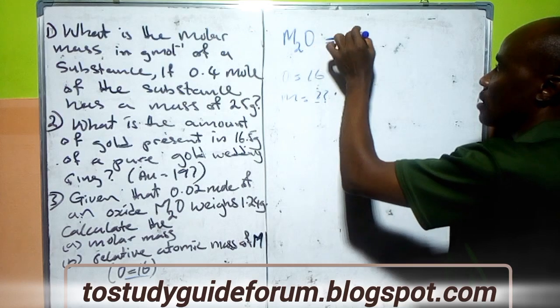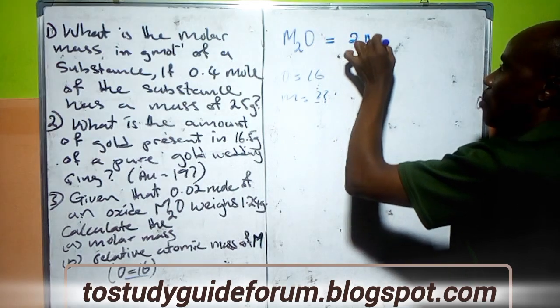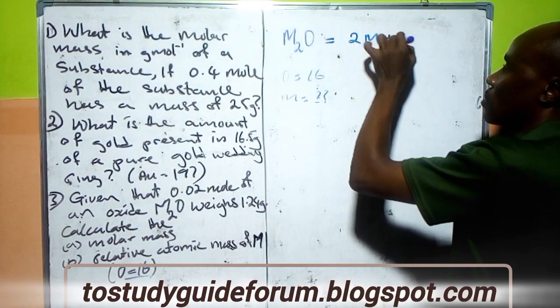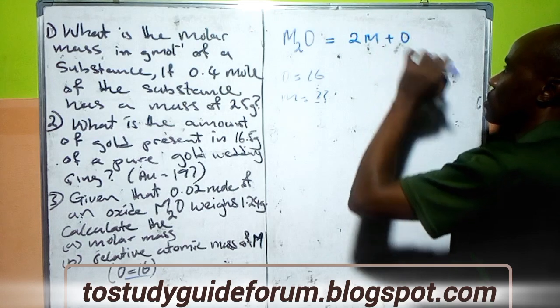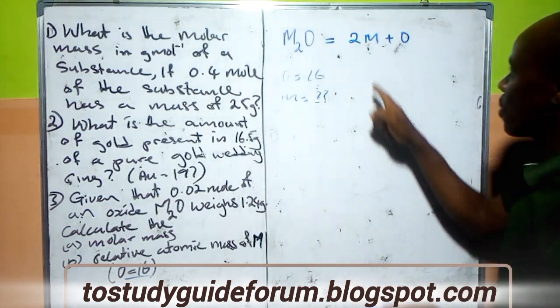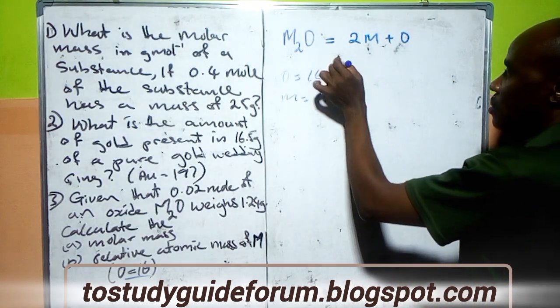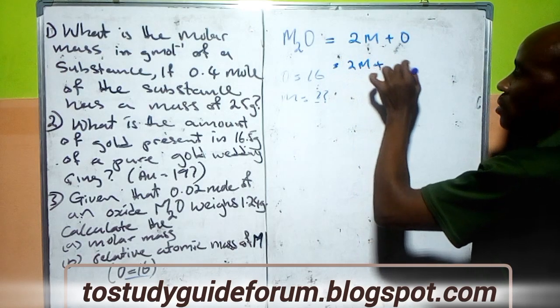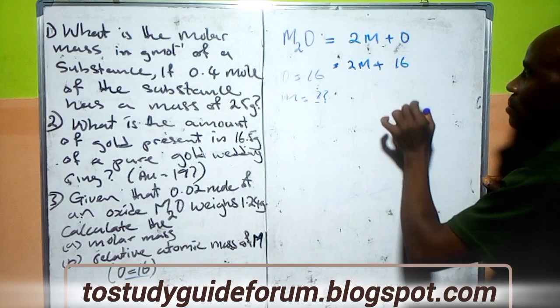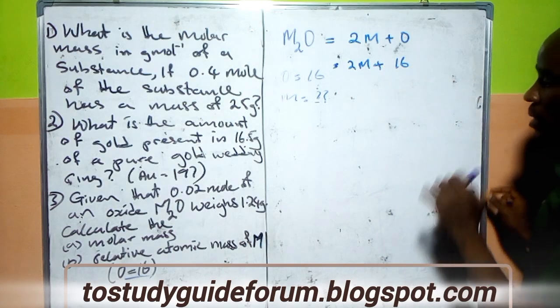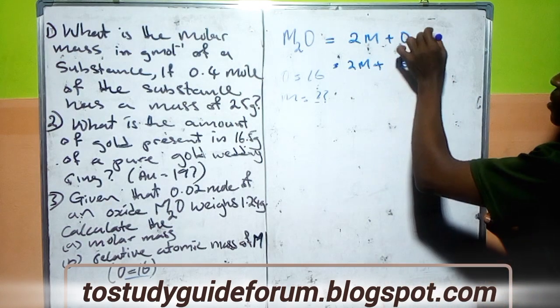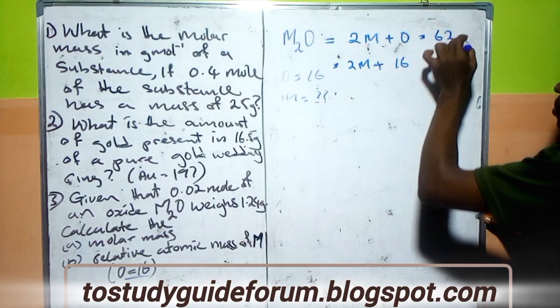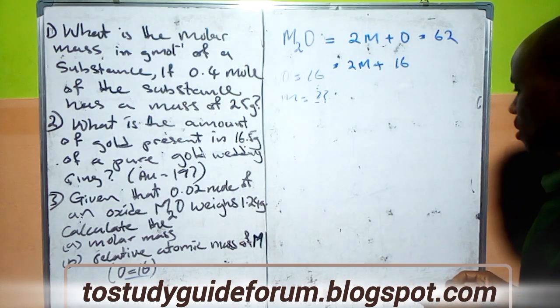It simply means that 2M plus oxygen, where M is unknown, 2 times M is unknown, and oxygen we know is 16. That will give us the molar mass equal to 62.